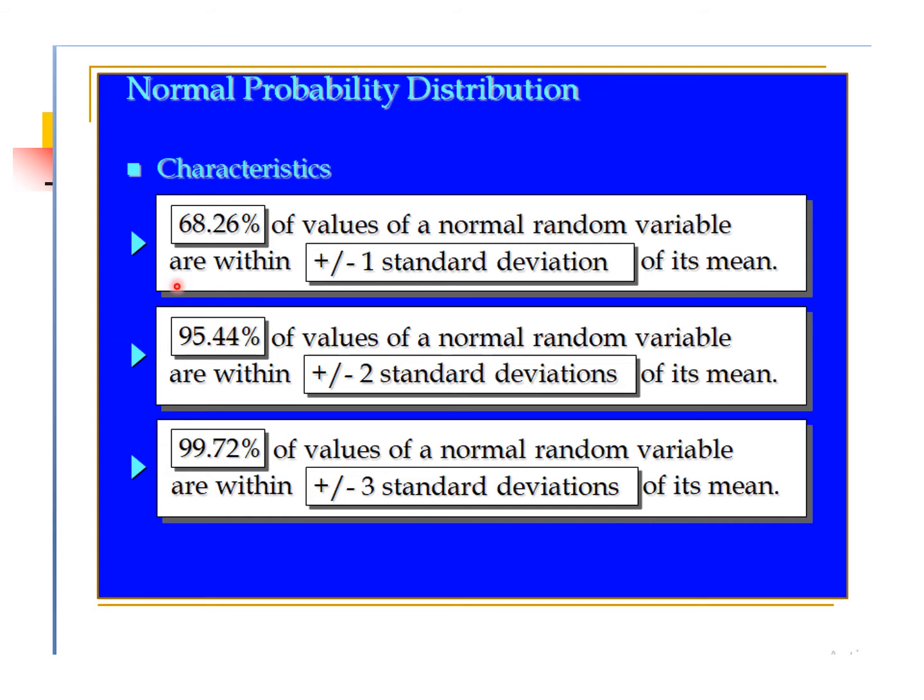It says that 68% of all the values of the random variable are within one standard deviation of its mean, plus or minus one standard deviation of its mean. 95% of all the values of the random variable fall within plus or minus 2 standard deviations of its mean, and 99.7% of values of the random variable are within plus or minus 3 standard deviations of its mean.